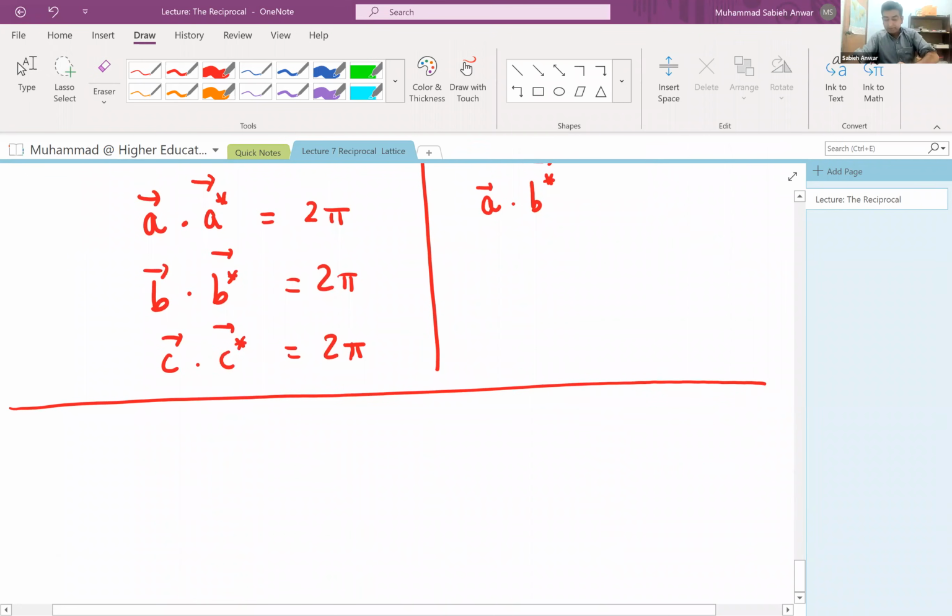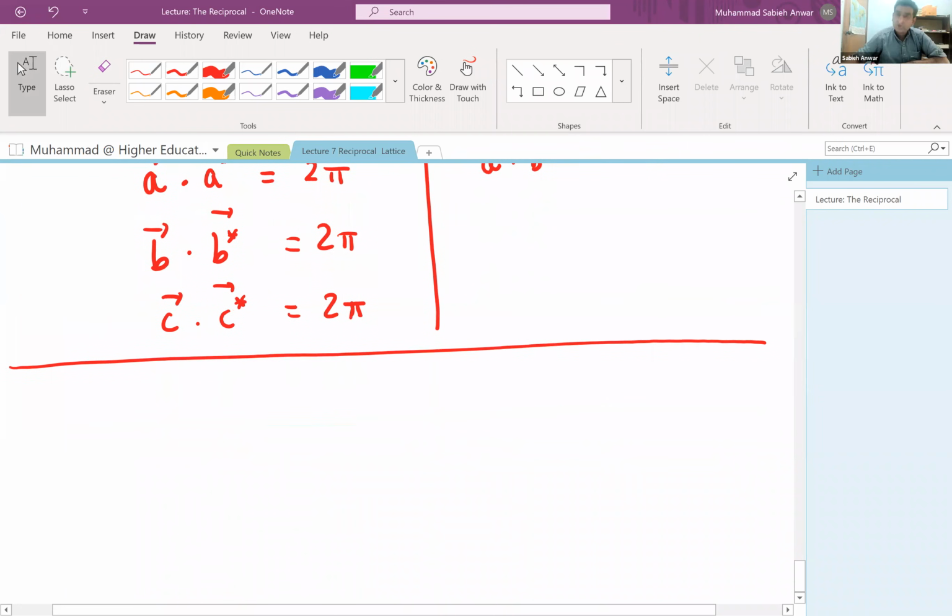So generally, what I would like to show you now is the following. This approach of introducing the reciprocal lattice and the reciprocal vector is not very common. In textbooks, the kind of approach that you would find is the following.